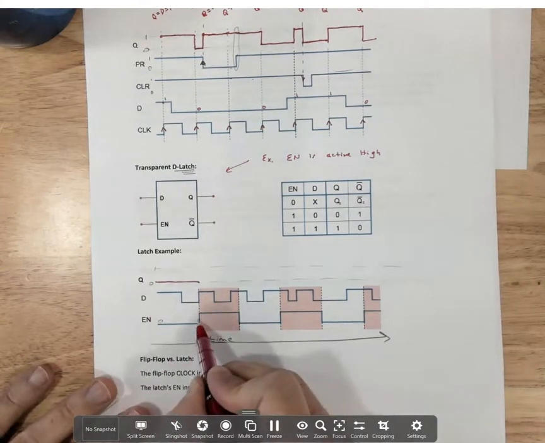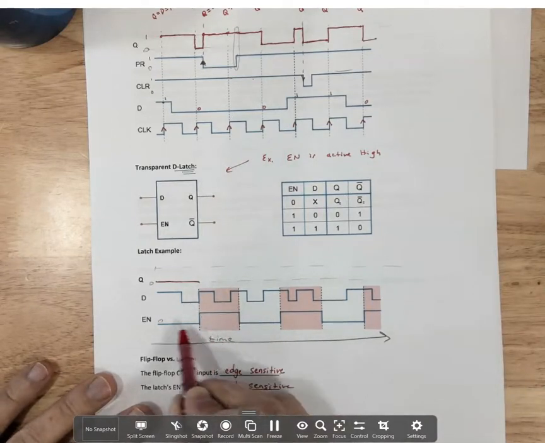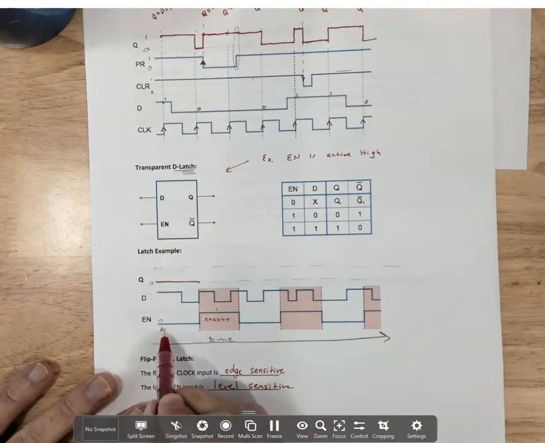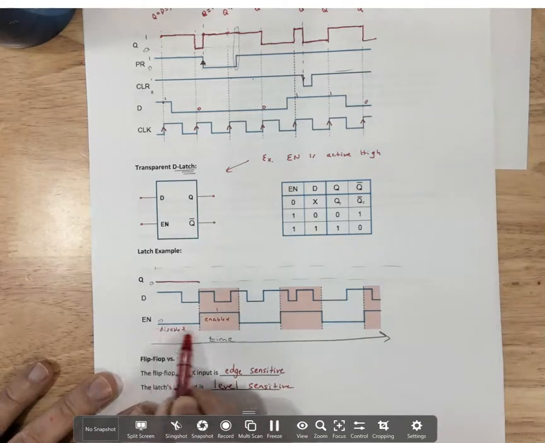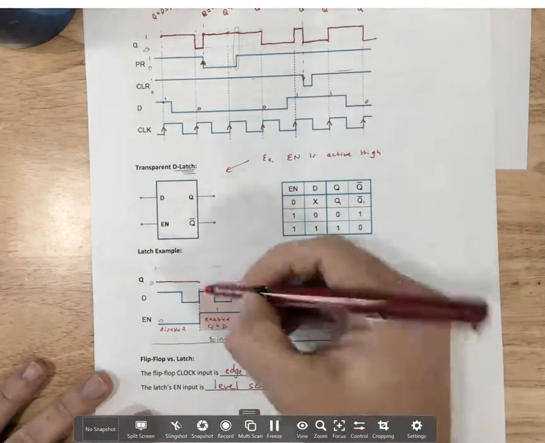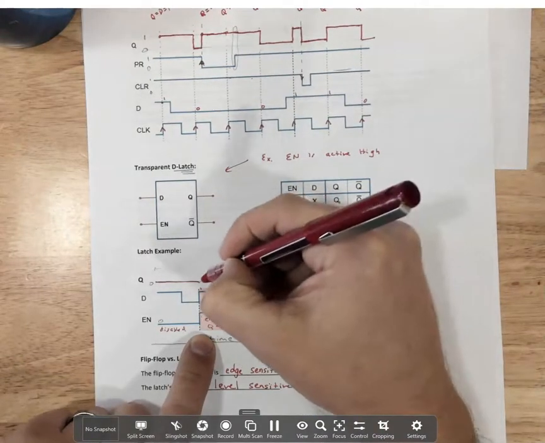Now normally we think about the rising edge. No, it can change as long as we're enabled. So enable is 1, so this section is enabled, and then this would be disabled. It's like we've disabled the ability for Q to match D, but when it's enabled, Q is going to match D. D is 1 right there, so Q is going to become 1.